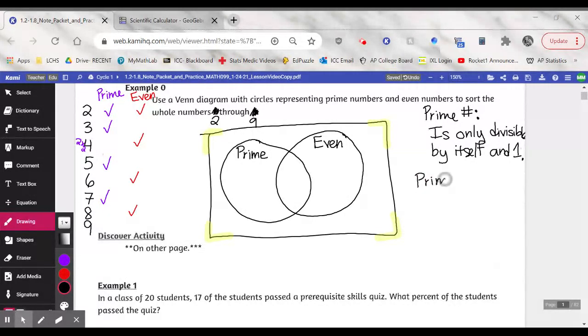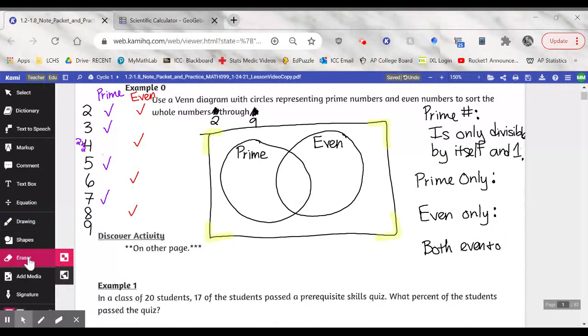We have numbers that are prime only. We also have numbers that are even only. We have numbers that are both even and prime. And we also have numbers that are neither.